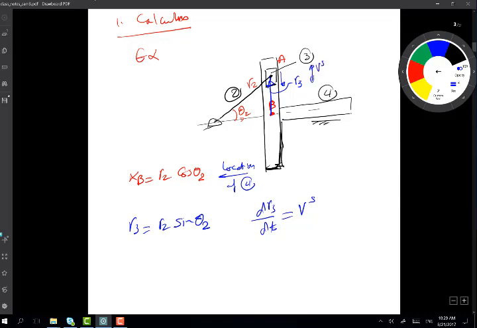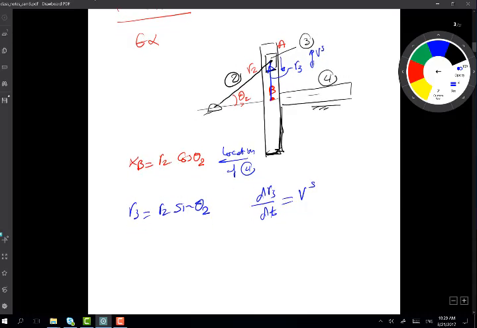So this is link 3 sliding on link 4, like that. So now if I want to differentiate, let's get xb, to get the sliding velocity here, vb. So there is some velocity vb.